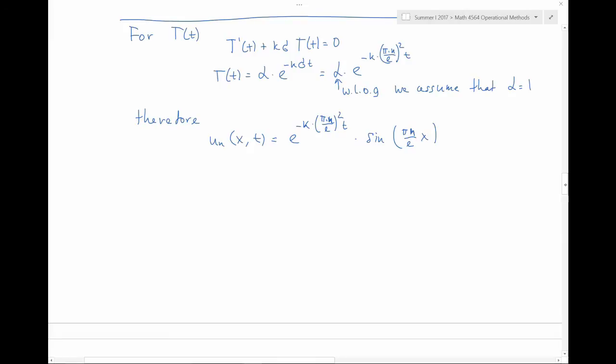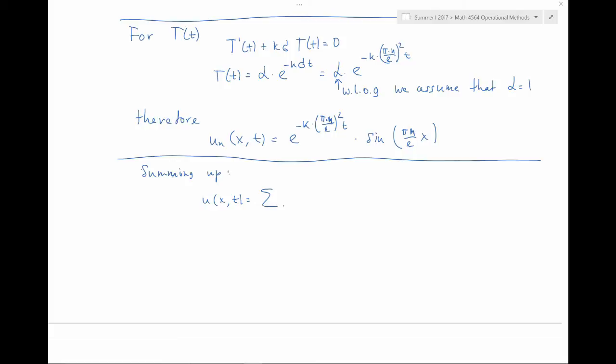Well, these are the building block solutions. So what about the whole solution? So summing up, we write u of x and t as a sum. In this case, we can see that n should go from 1 to infinity.